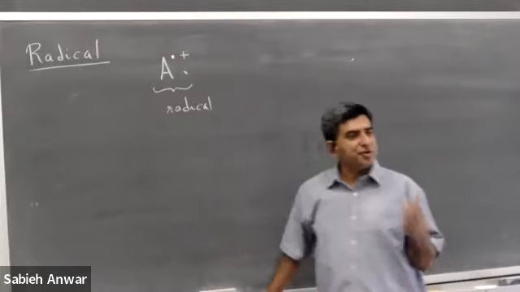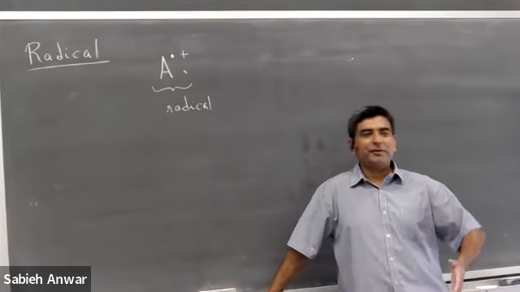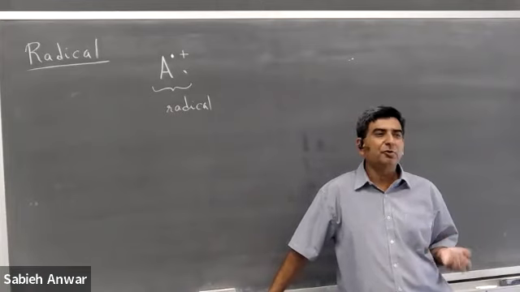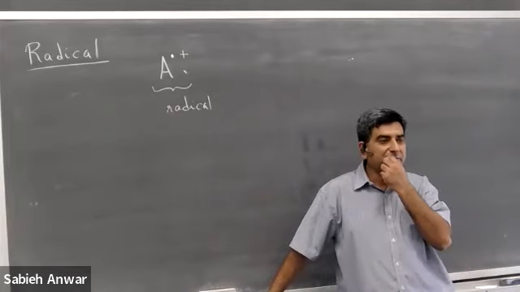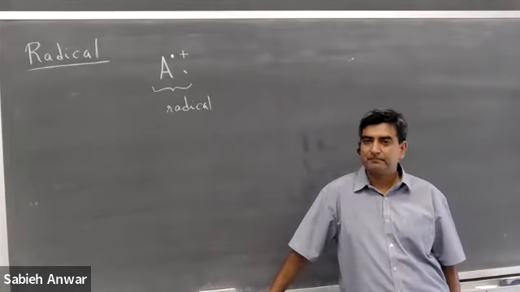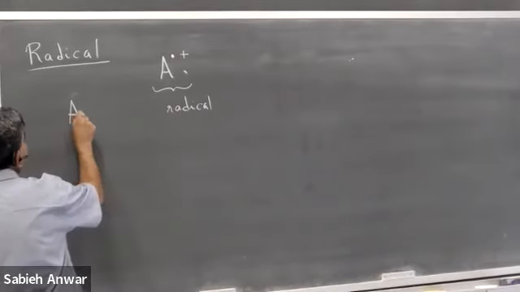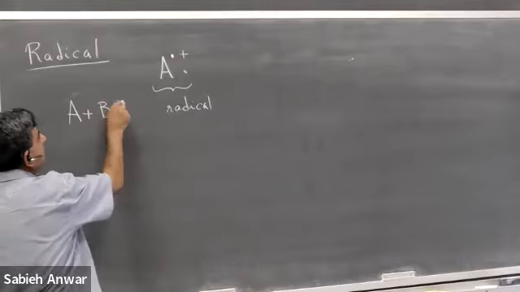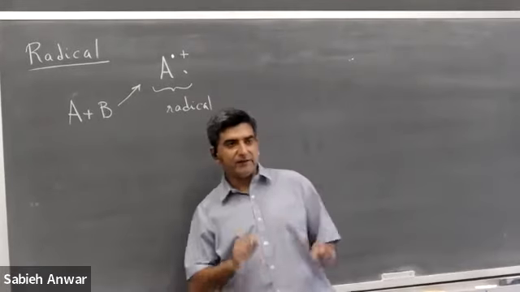A radical is generally a charged molecule which has lost or gained an extra electron and which has one lone electron, okay, an unpaired electron. So suppose I start off with two molecules A and B. Two molecules, both of them carry even number of electrons.